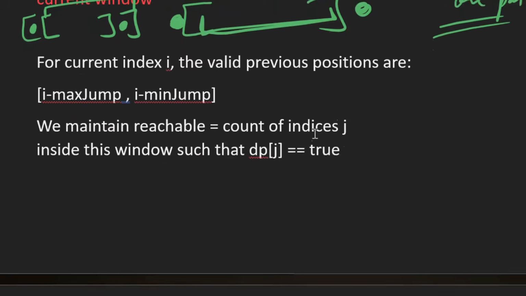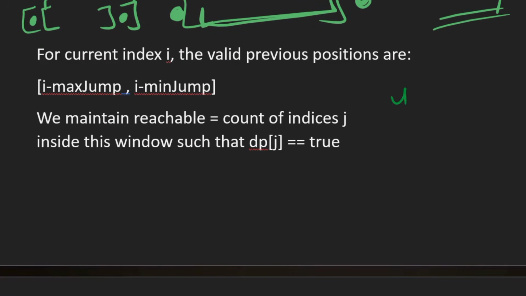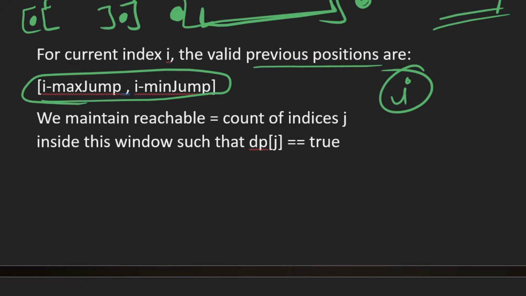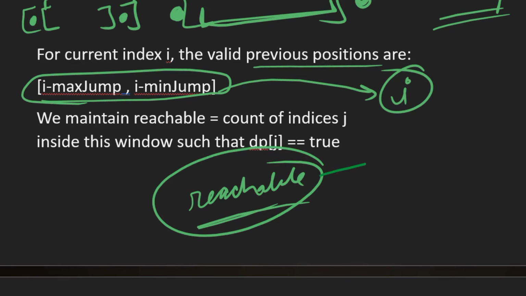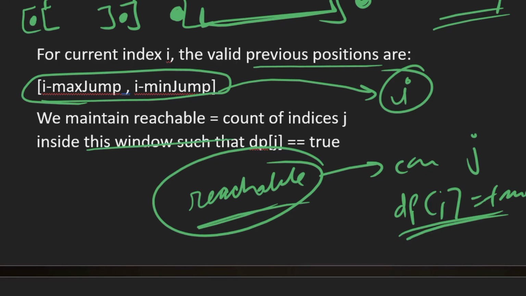As we know, for the current index i, the previous positions from which we can jump to i are i minus max jump to i minus min jump. So what we do is we use a variable named reachable, and this variable will count the indexes j for which dp of j is equal to true in the current window.